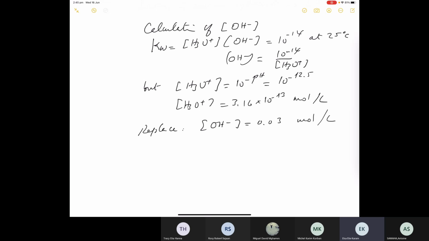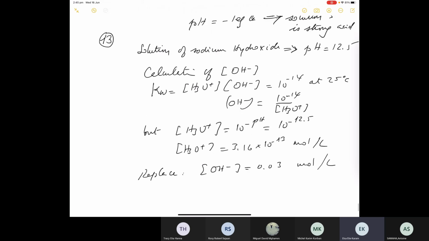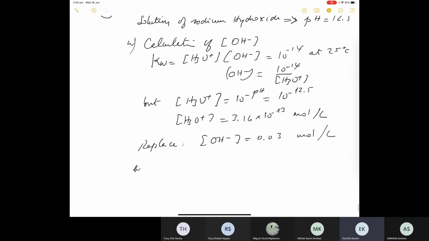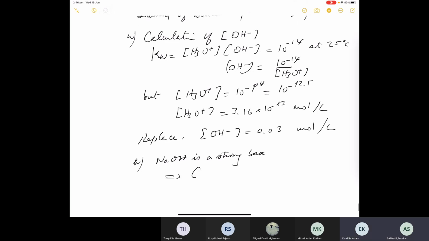Part B: what mass of NaOH must be used to prepare 1 liter of the above solution? NaOH is a strong base, which implies Cb equal to the concentration of OH minus equal to 0.03 mole per liter.